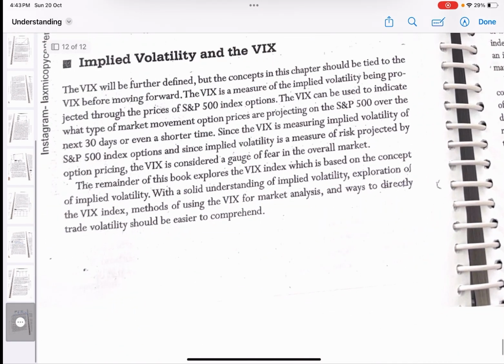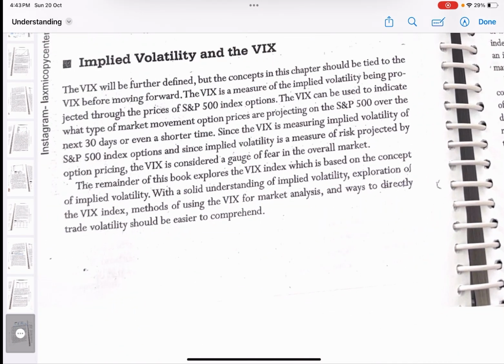Okay. Now let's see the VIX index. The VIX index is something which we will be seeing in detail in the next chapter. For now, I can just tell you that it is a tool which can be used to measure implied volatility. In this case, we are going to see the VIX, which tells us the movement of the S&P 500. If we were talking about India VIX, then we would be talking about the Nifty 50.